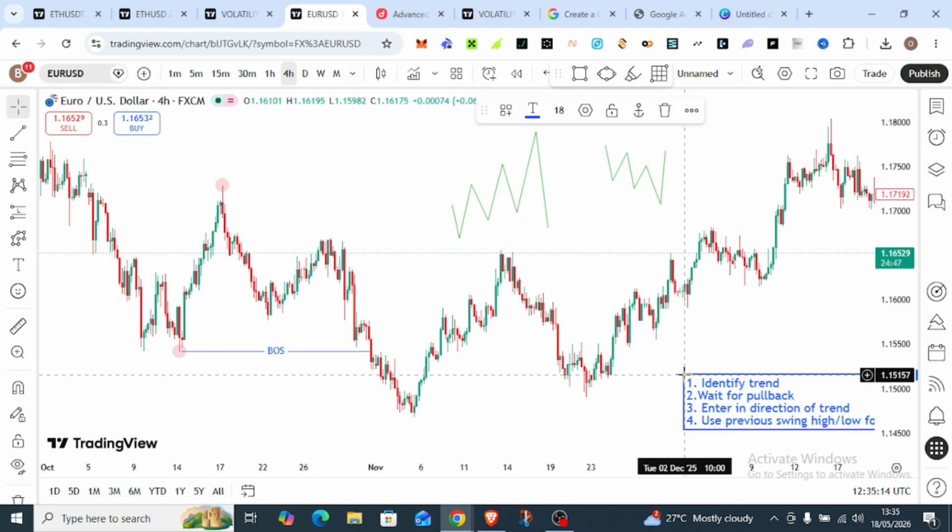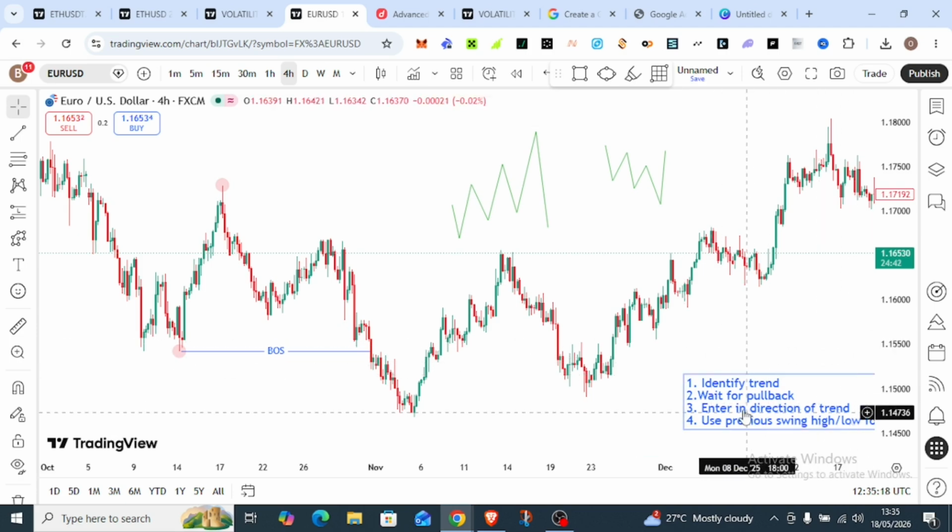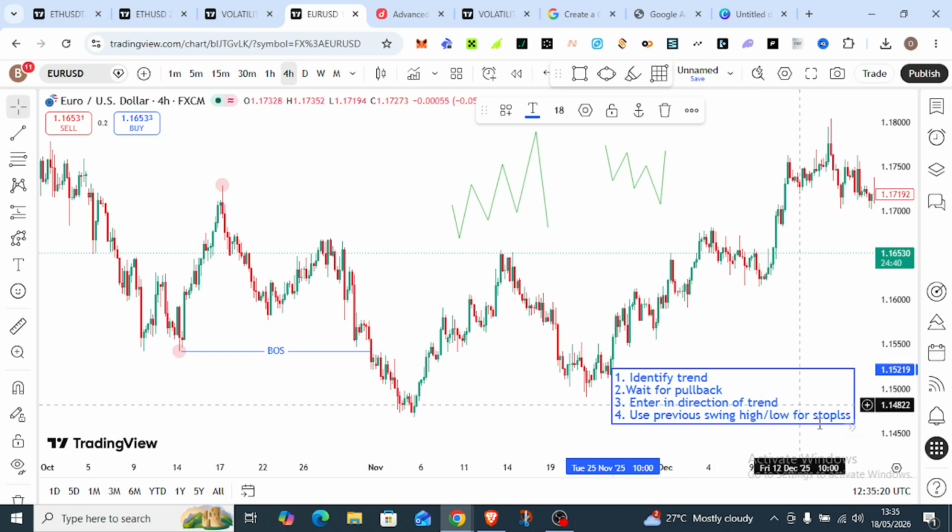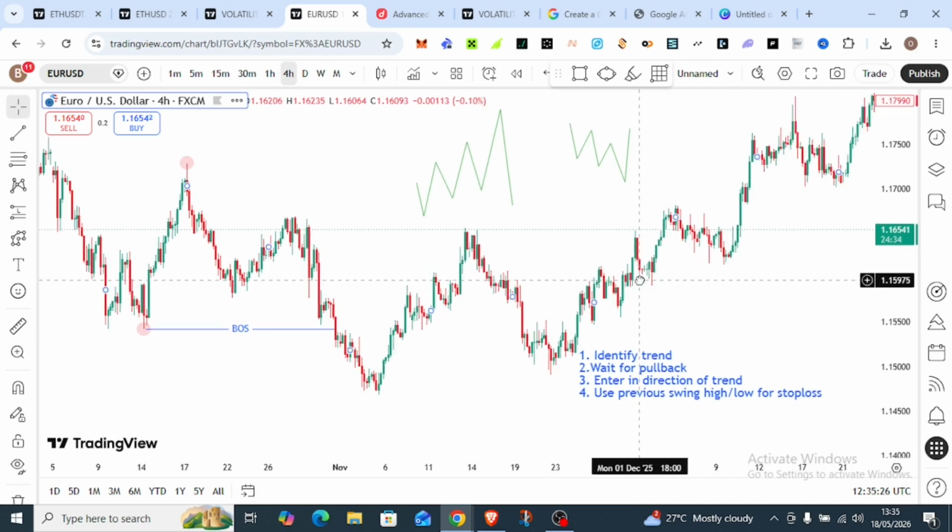Stop loss. These are some of the strategies the beginner can use when trading market structure.